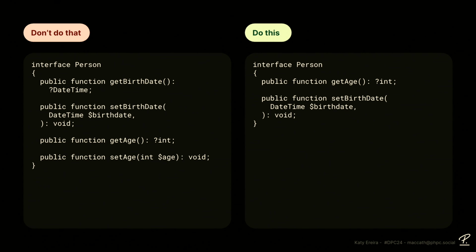We have set birth date, because that's what we are using to set the age of a person. But perhaps in our domain analysis at this point, we realize we don't care about what someone's birthday actually is. All we care about is how old they are. So we don't even need a getter for the birth date. We only want to know their age. So we've completely got rid of two methods entirely. Great, that's a lot leaner.